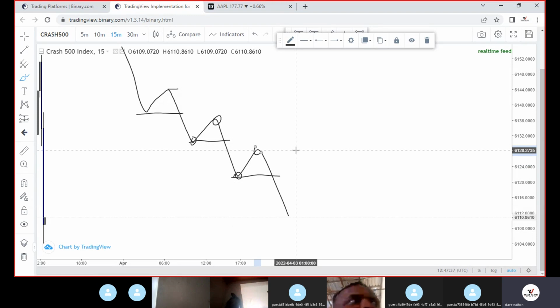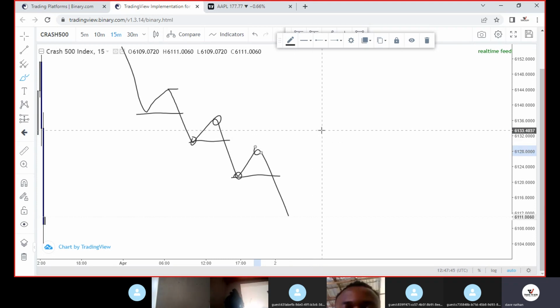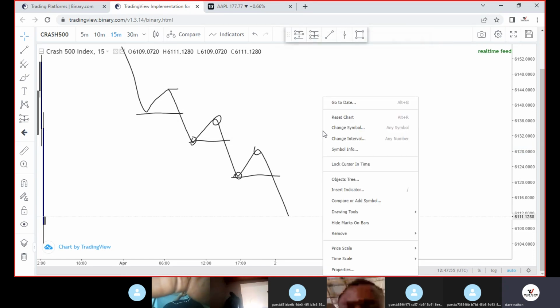So the first thing you need to understand is identifying how an uptrend structure looks and how a downtrend structure looks. I'm not talking about anything spiritual.